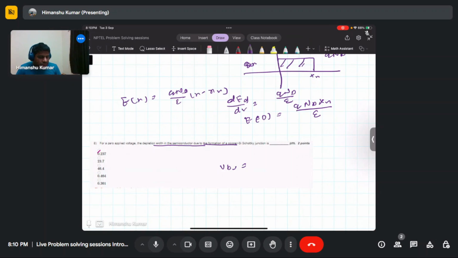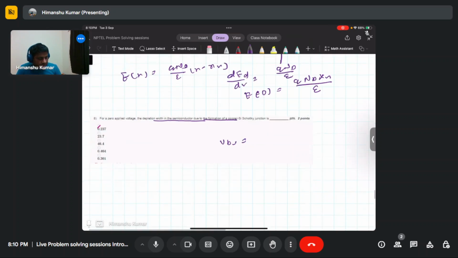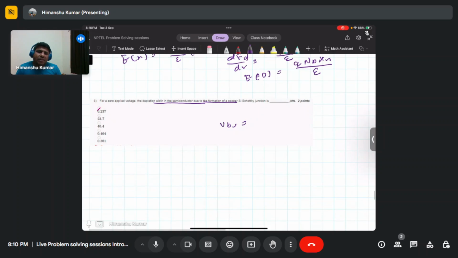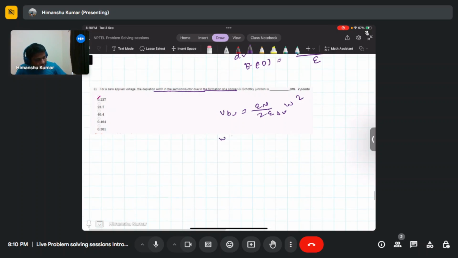If you integrate one more time, you can reach the potential drop across the semiconductor, and from that you can calculate the depletion width. The potential drop comes out as qND by 2 epsilon_Si times W squared. So W is the square root of 2 epsilon_Si by qND times VBI.